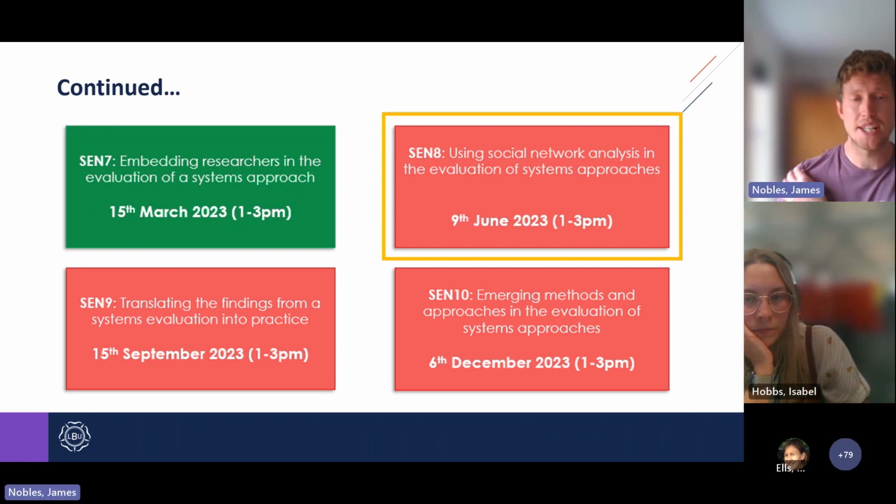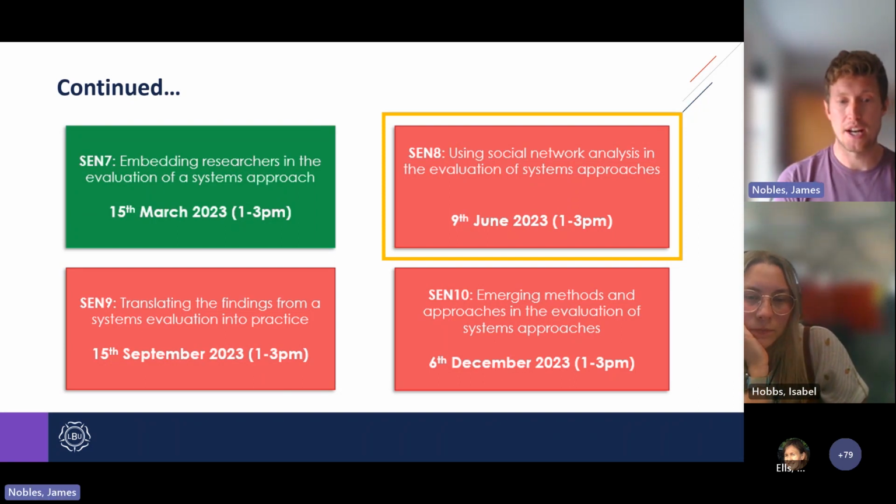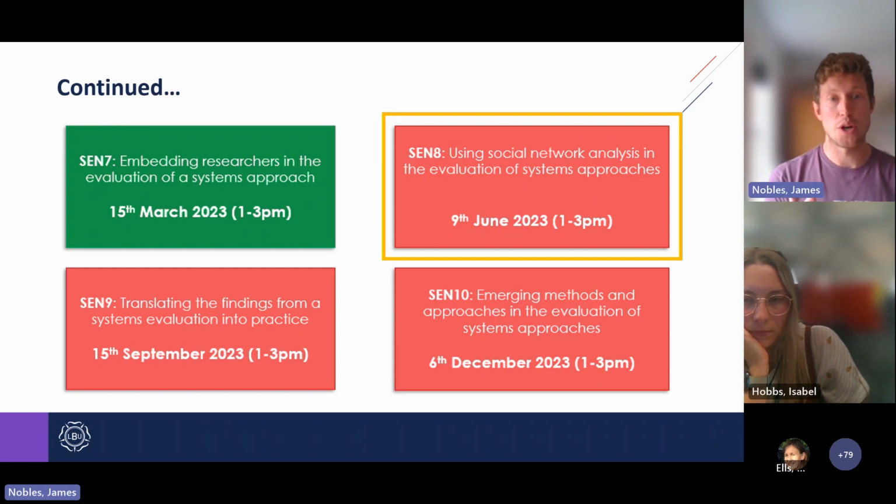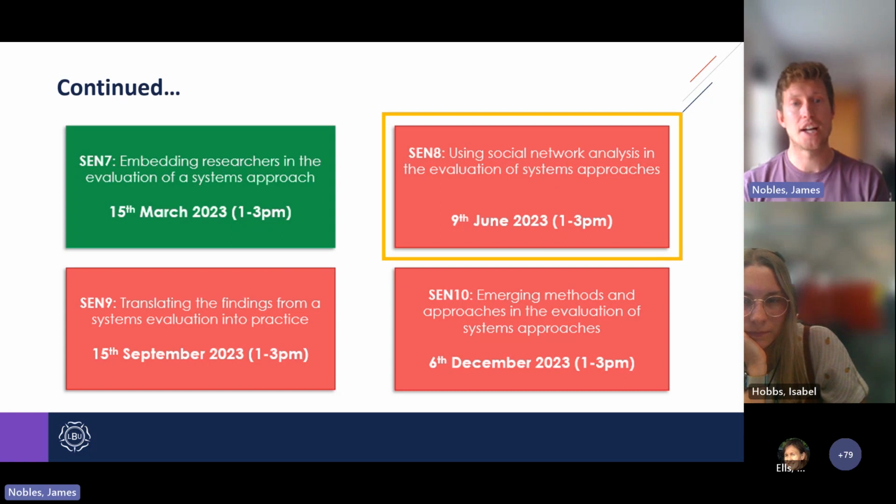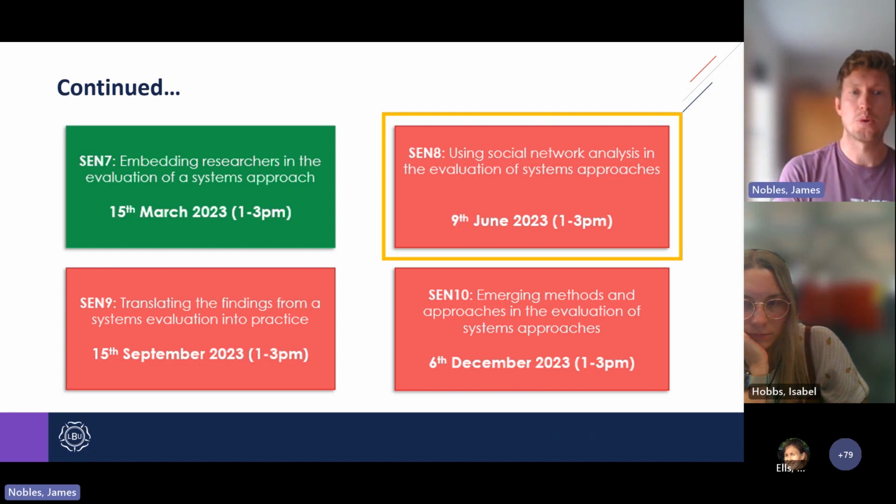The next of these meetings, and I'm happy to share any details with you, is next Friday, which is going to look at the use of social network analysis in the evaluation of these kinds of approaches, to try and understand how they might strengthen some of the relationships between people who are working in different sectors, for example within local government.